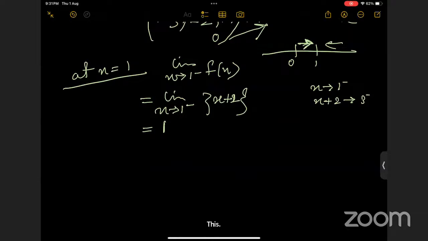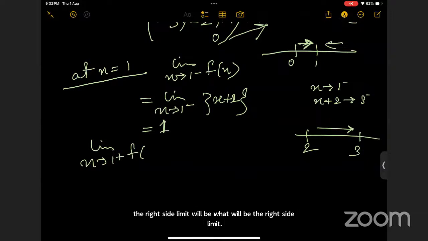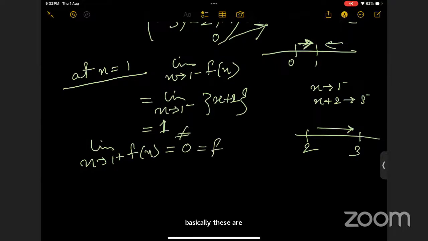The left limit is 1, right? The right side limit will be 0. So basically these are not equal, right? And this is equal to f of 1.